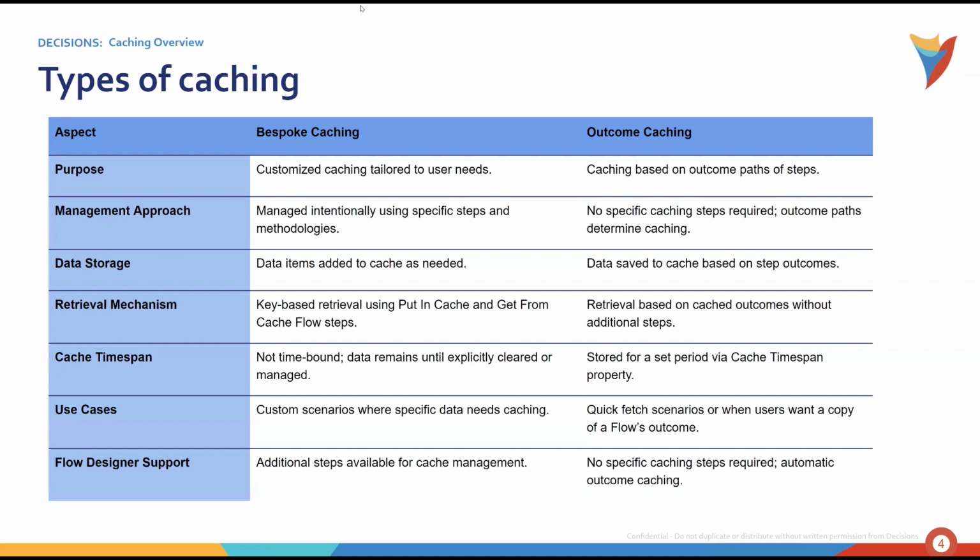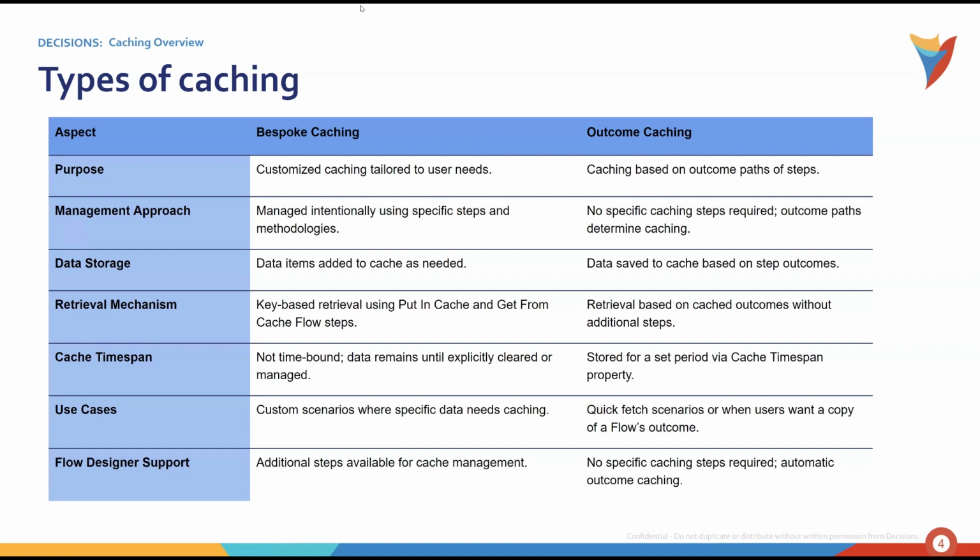For use cases, bespoke caching is for custom scenarios where specific data needs to be cached, while outcome caching is for scenarios where we need a quick fetch or when the user wants a copy of the flow's outcome.